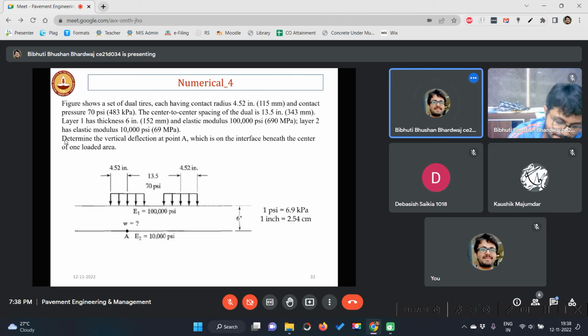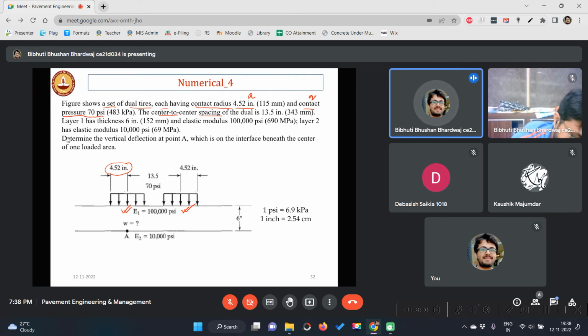Are you ready? Yes, sir. Okay. Now it says that a set of dual tires, each having contact radius 4.52 inch. This radius is 4.52, this is A. Contact pressure, which is Q, is 70 psi for both.